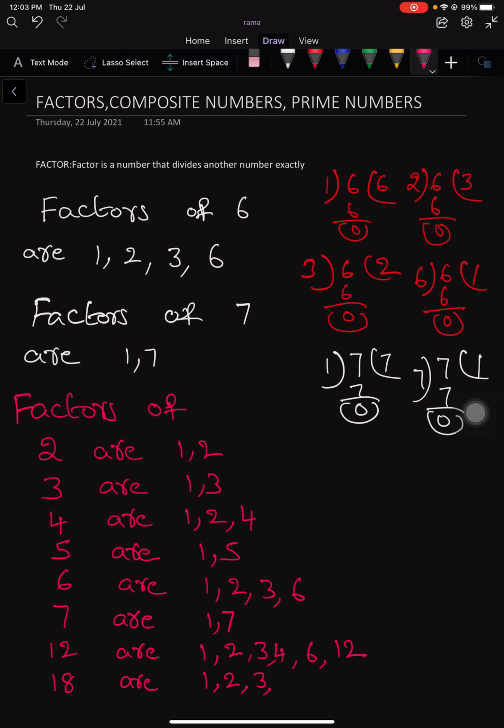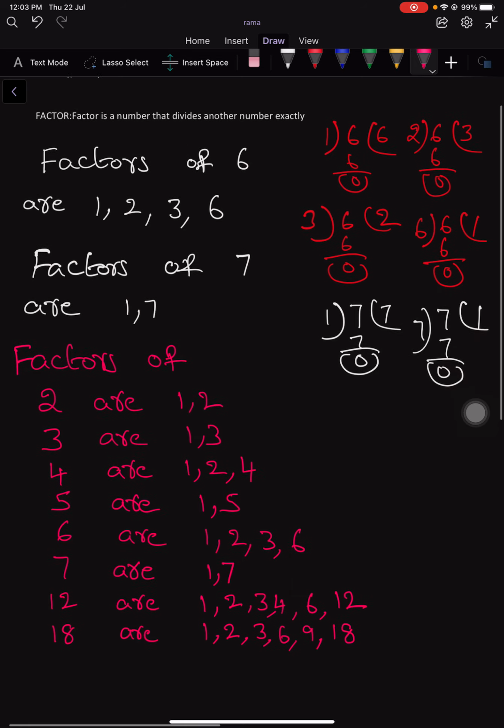Next, 6 threes are 18, 9 twos are 18, and at last we will get 18. I think you have understood how to write factors.